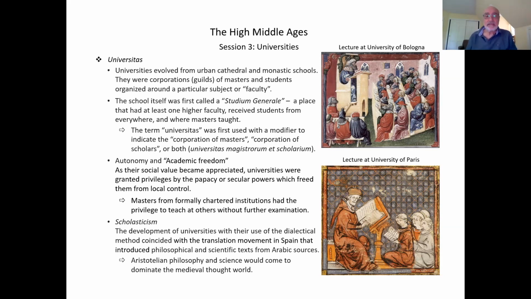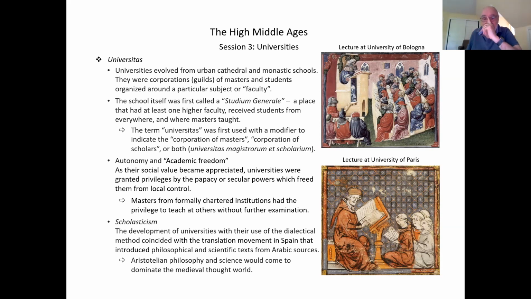As their social value became appreciated, universities were granted privileges by the papacy, because sometimes they were organized by fiat, by a papal decree, or by secular powers. A king decides to charter a university, for instance, which freed them from local control. The significance of the charter was that the local bishop or the local commune could not control the curriculum, could not control their influence politically.